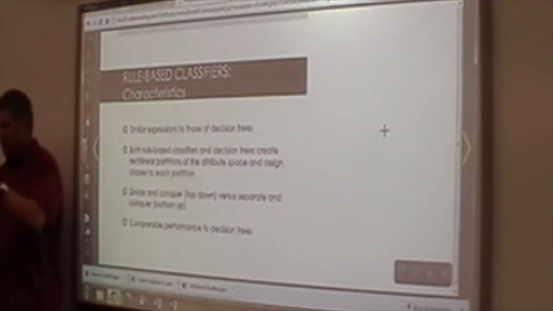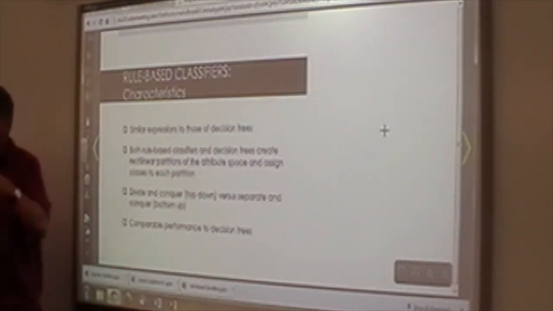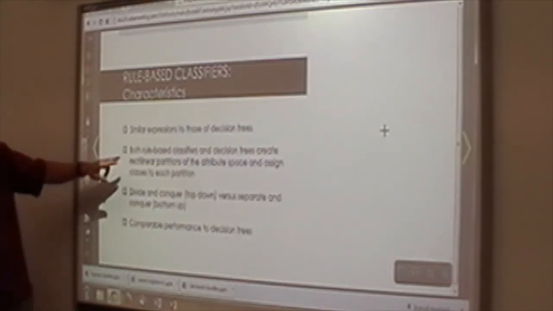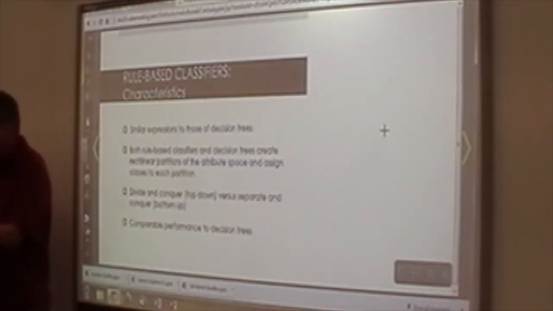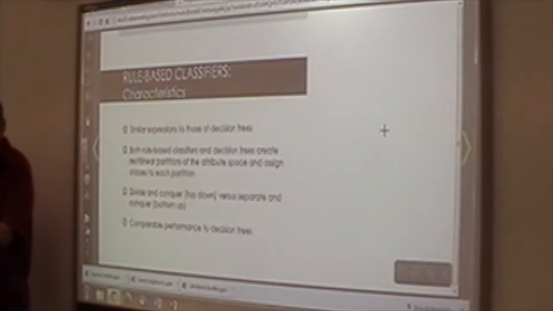Another similarity between the two, and we'll see how this differs with some other classifiers in a little bit, is that they create rectilinear partitions of the attribute space, and then assign classes to each partition.